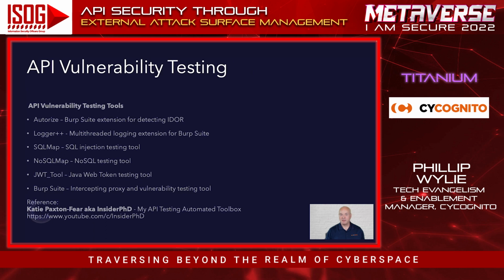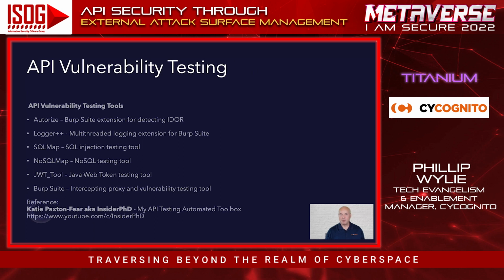So API vulnerability testing. Once we discover API endpoints, there are some API vulnerability testing tools out there. Authorize, a Burp Suite extension for detecting IDOR, Logger++, a multi-thread logging extension for Burp Suite, as well as SQLMap for finding SQL injection vulnerabilities. So there are SQL injection vulnerabilities in APIs.